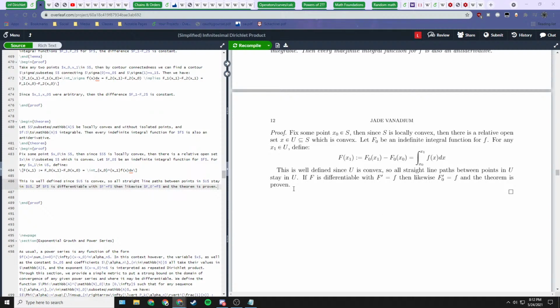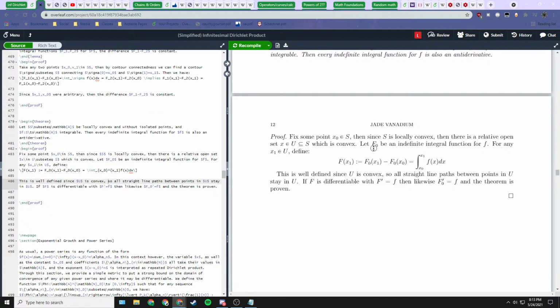So that's what we're going to do. We're just going to show that this specific integral function will be differentiable to f.